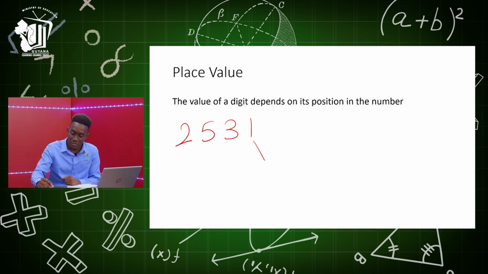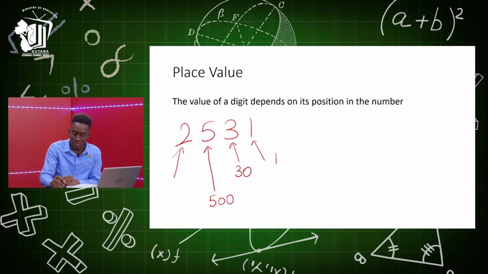Let's say we want to identify the place value of 1. Now the place value of 1 would simply be 1. And the place value of 3 would simply be 30. And the place value of 5 would simply be 500. And the place value of 2 would simply be 2000.